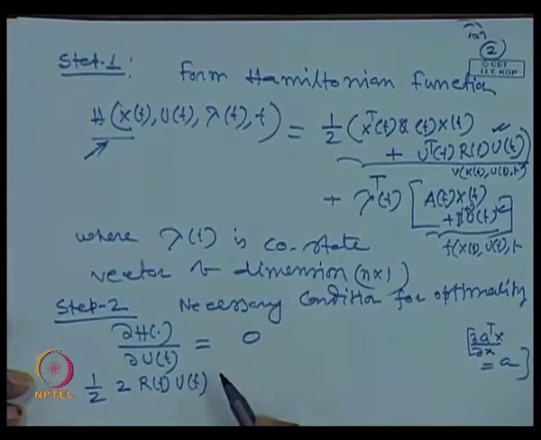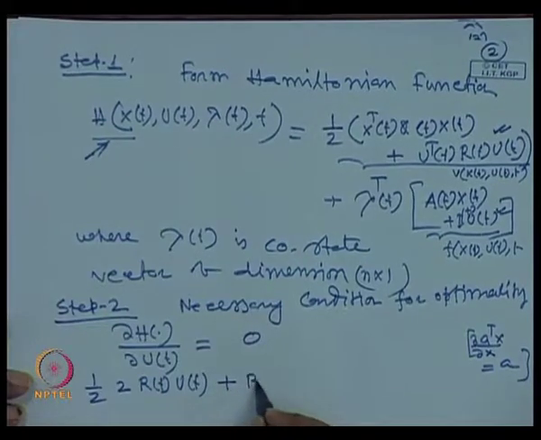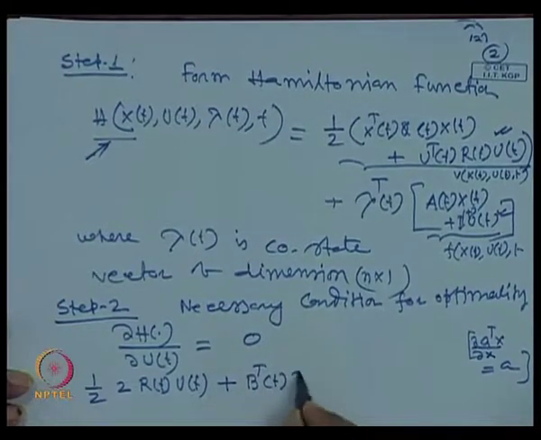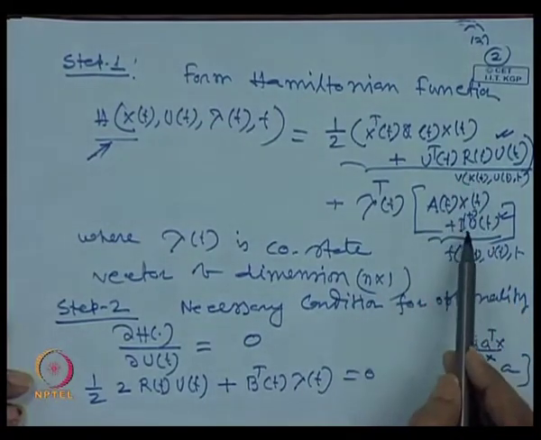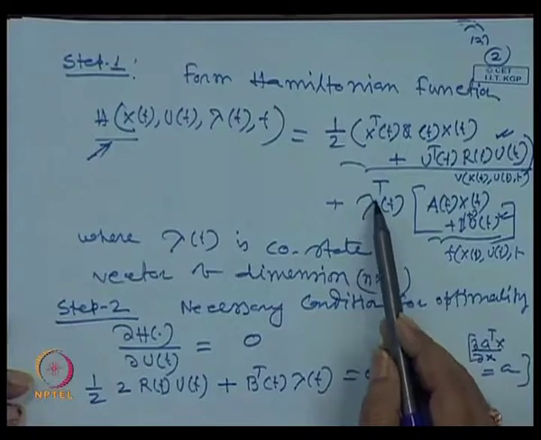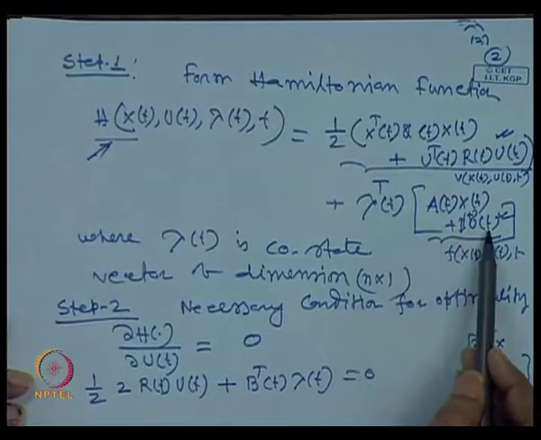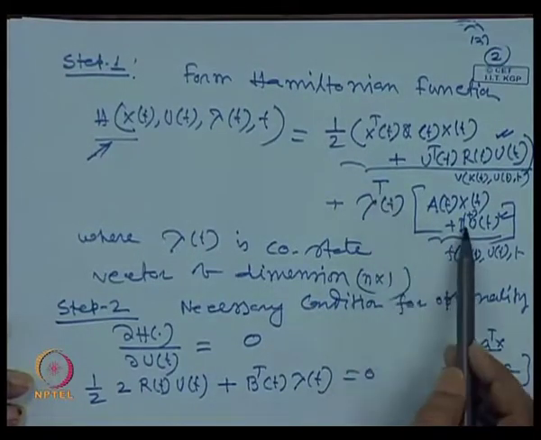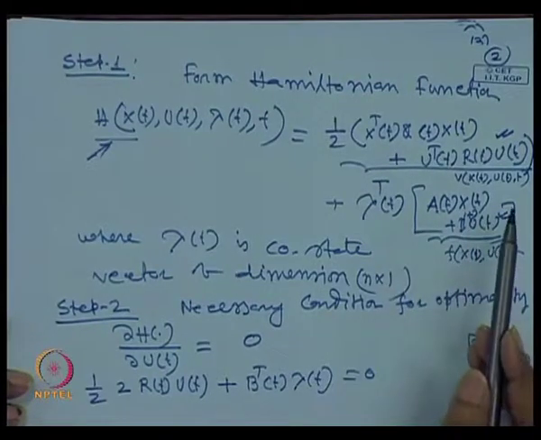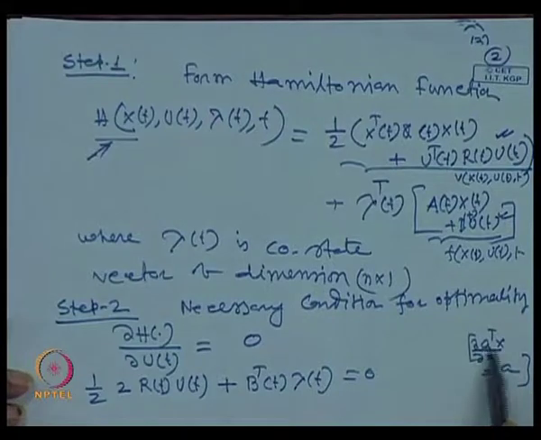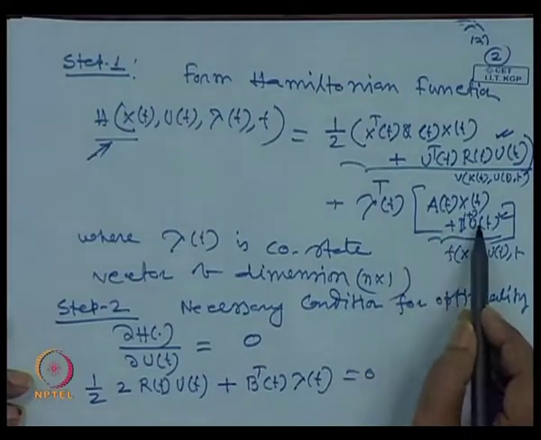If we apply it here, then it will come plus B transpose(t) lambda(t) is equal to 0, because this term I can write as lambda transpose B u(t), I can write lambda transpose B as B transpose lambda whole transpose, and I made it into this form a transpose x, where x means u.